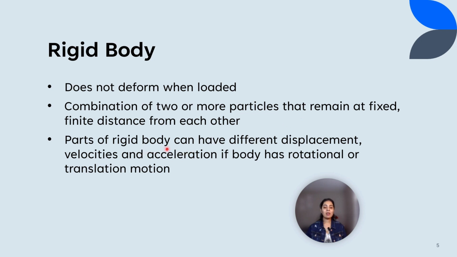And the parts of a rigid body can have different displacement, velocities and acceleration if the body has rotational or translation motion.